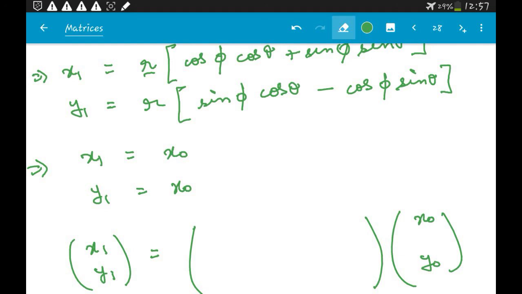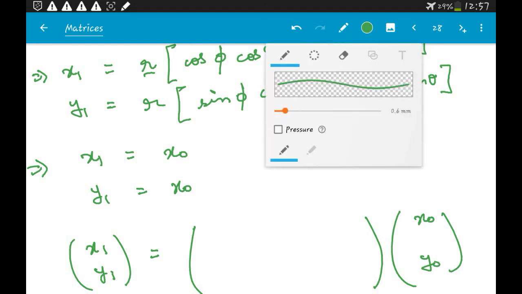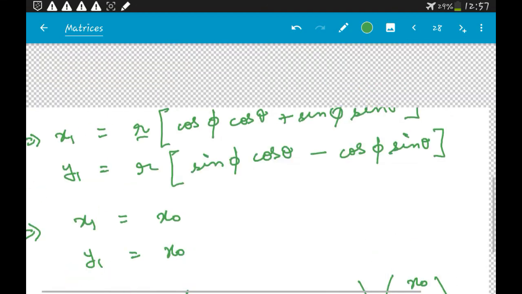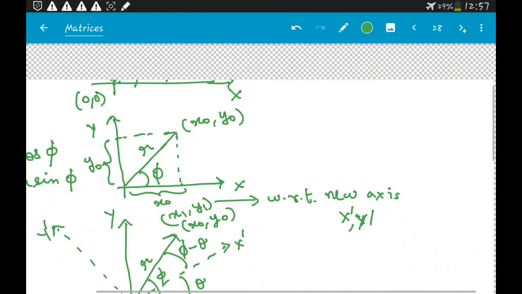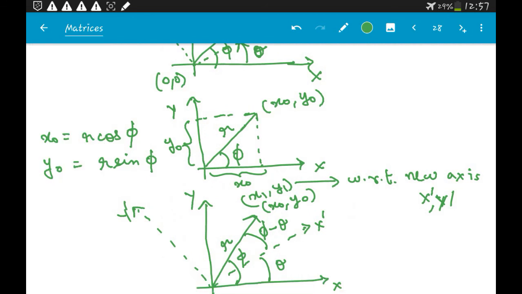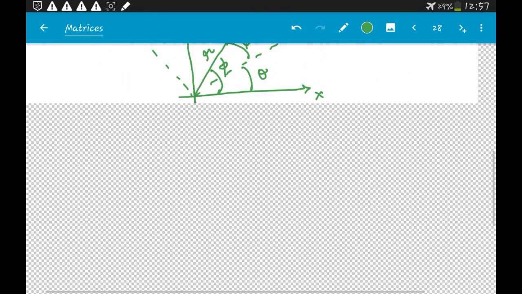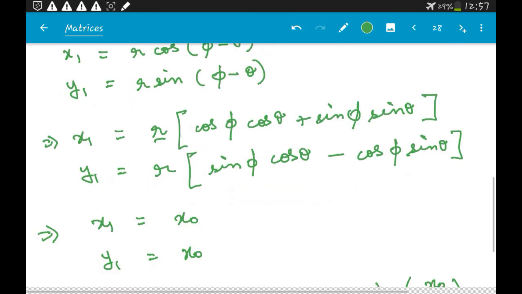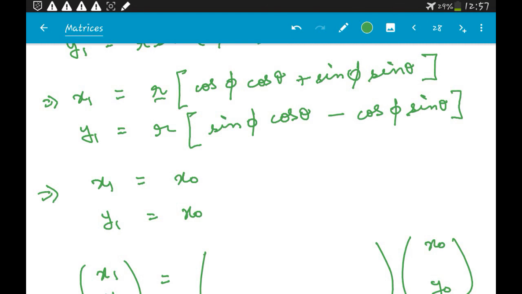Alright, so I think I made a stupid mistake, not in the calculation but in the definitions. We have to always remember what we defined earlier: x0 is r cos phi and y0 is r sin phi. So r cos phi is x0, and what is remaining is cos theta, and r sin phi is y0, so what's remaining is sin theta.